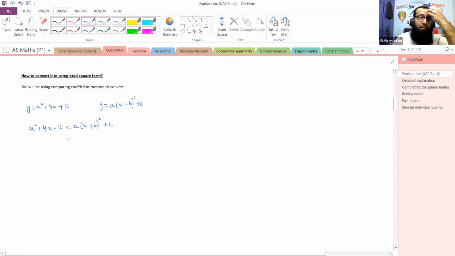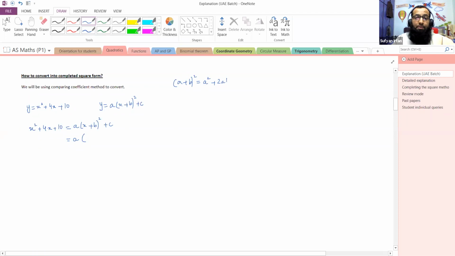How to expand? a remains a, (x plus b) whole square. We already know how to expand a bracket. (a plus b) whole square is not just a square plus b square. This is one of the common mistakes from the students' end, that they just do a square plus b square.